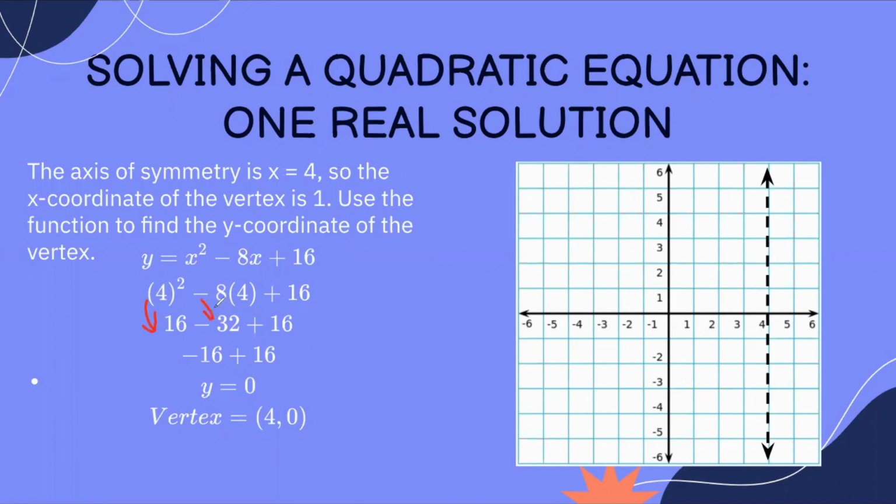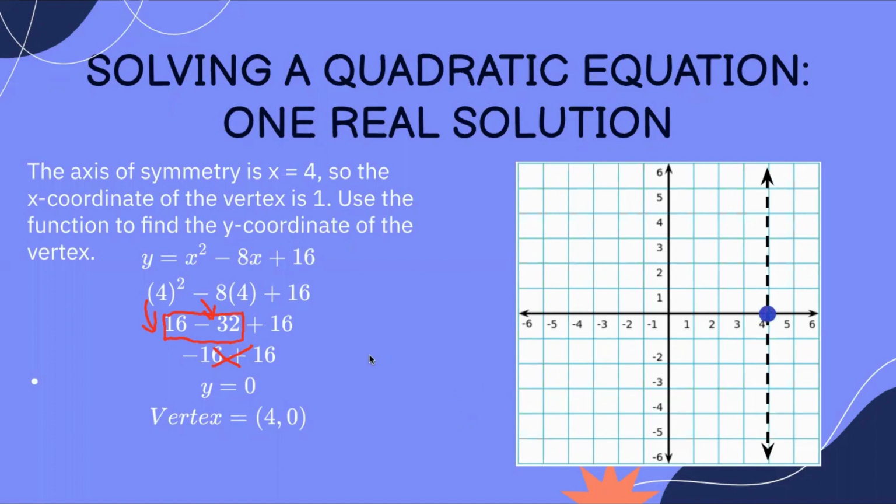Negative 8 times 4 would just equal minus 32, and then plus 16. 16 minus 32 just equals negative 16, and then negative 16 plus 16 cancels out and gives you y equals 0. Now you can go ahead and put those two values together into an ordered pair for your vertex, so you would have 4, 0. And now you can go ahead and plot your vertex at positive 4, 0.